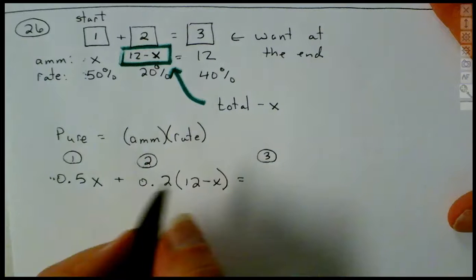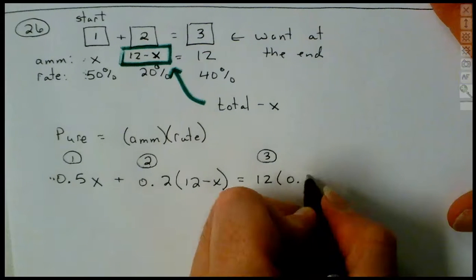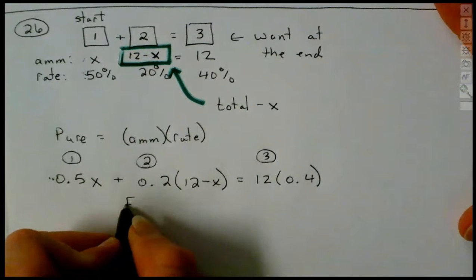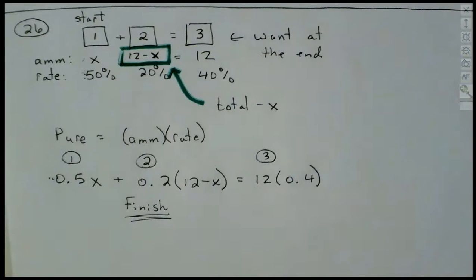Well, for box 3, it's going to be 12 times 40%. And that's 12 times that 0.4. You can finish it from there. What we're trying to do is to make sure that we can set these up. Solving it is not the problem. It's all about setting them up.